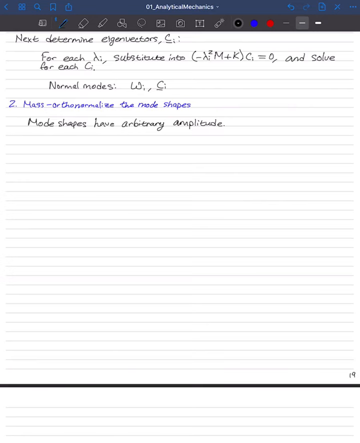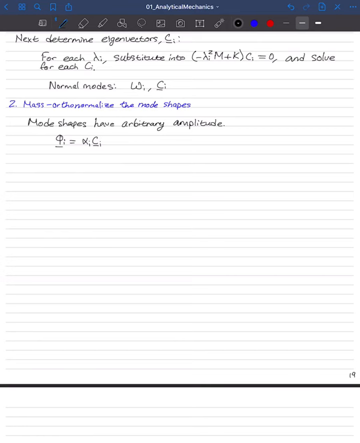So let's say that phi I is equal to a scalar alpha I, which is different than the alpha used in the proportional damping. Alpha I times vector c_i, and this phi I is also a vector.